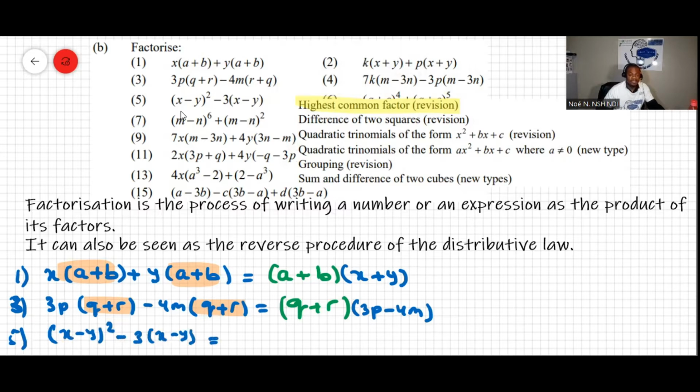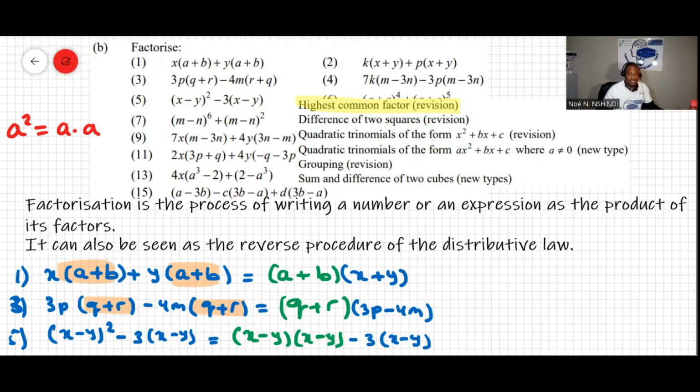Now remember that when we have a raised to the power of 2, this is equivalent to a times a. So x minus y to the power of 2 is like x minus y times x minus y. We can split it like that, and then minus 3 open bracket x minus y.